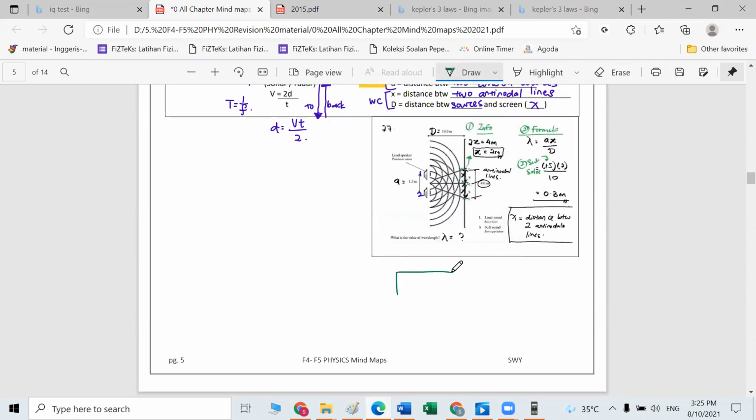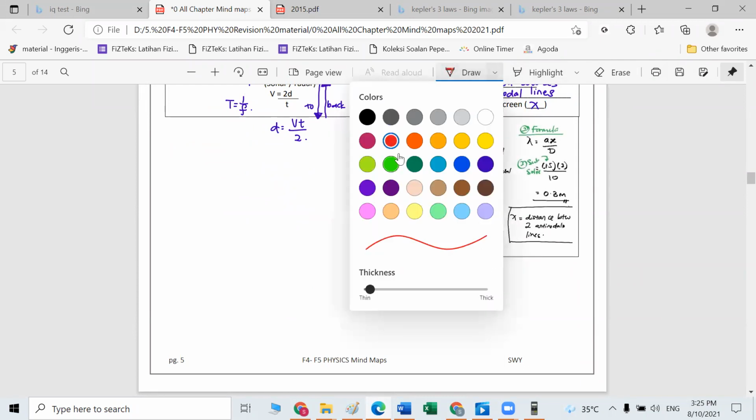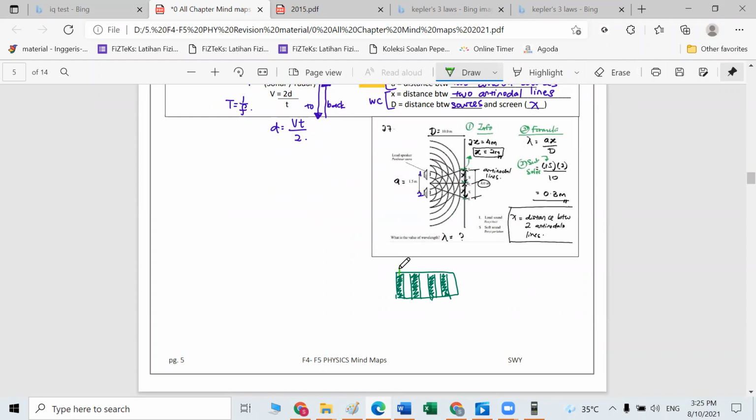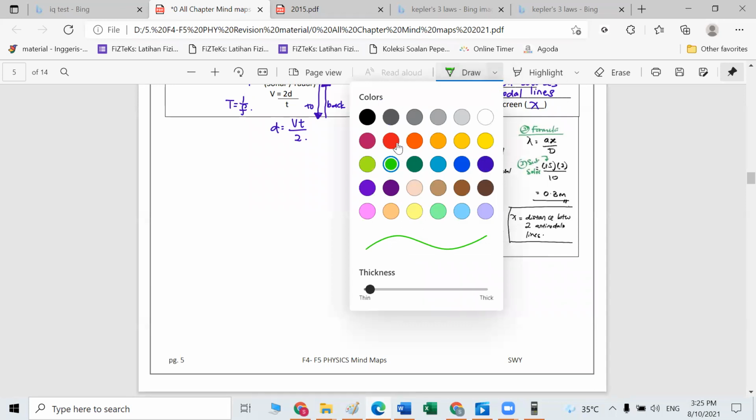You can draw an interference pattern for green light. Okay, now, this is the x. X means from a nodal line to nodal line.